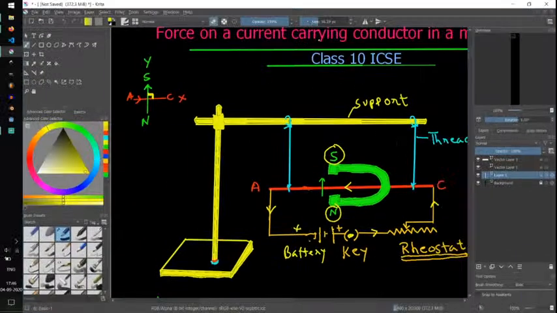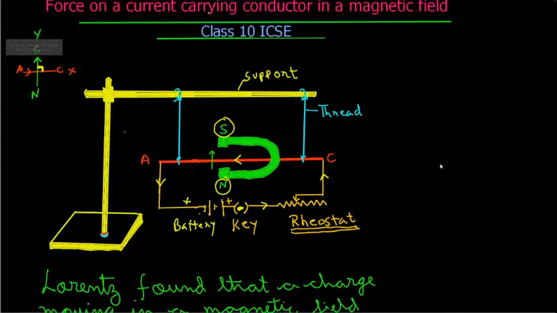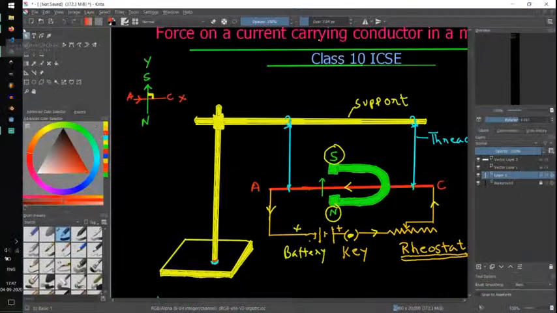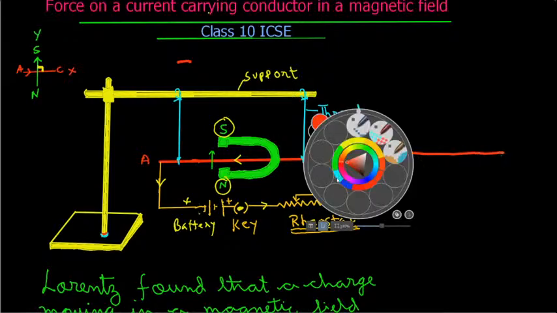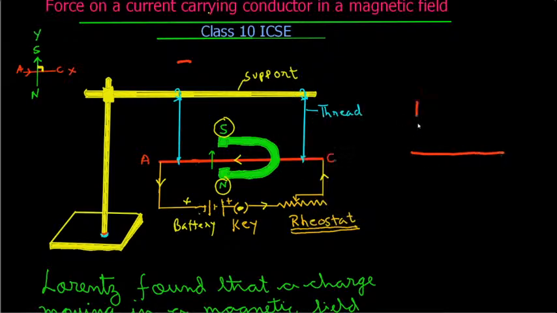Okay, now I watch the same thing again. Now this was the normal position of the conductor. Suppose this was the normal position of the conductor, which means the threads were supporting it vertically until I switched on the current.